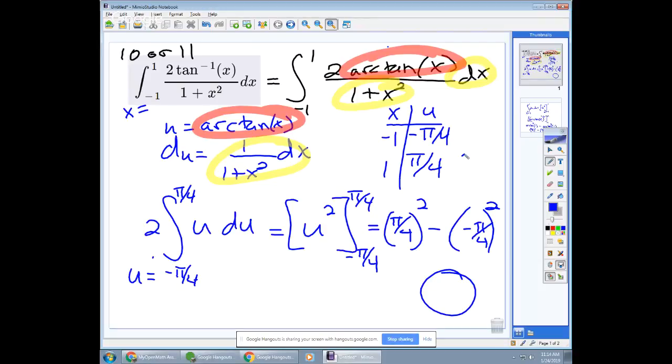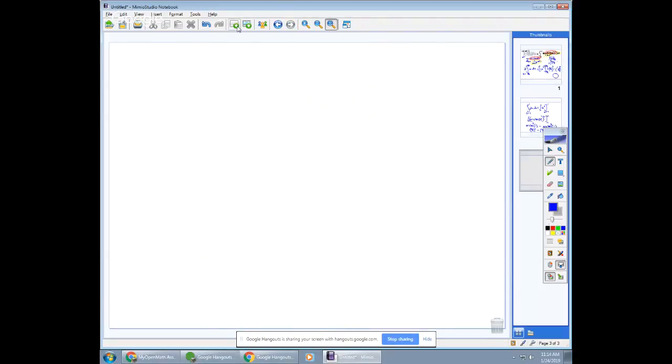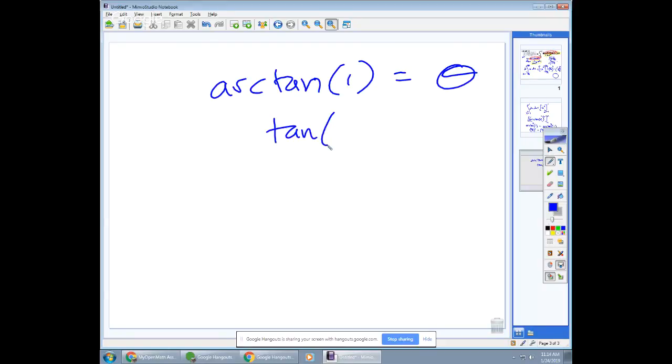Okay. So I asked a question a couple of times here, and I just want to clarify. When I look at something like the arctan of 1, I ask myself, what angle goes with a slope of 1? Does anybody not get why I said that? Okay, thank you for saying you don't get it. Arc functions spit out angles. Reversing this means the tangent of some angle, I don't know what, equals 1.